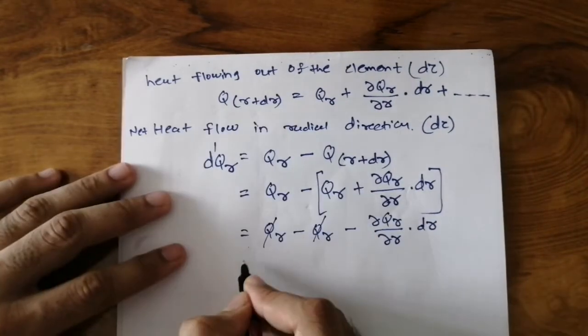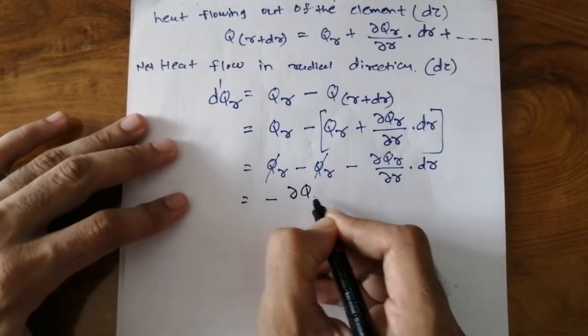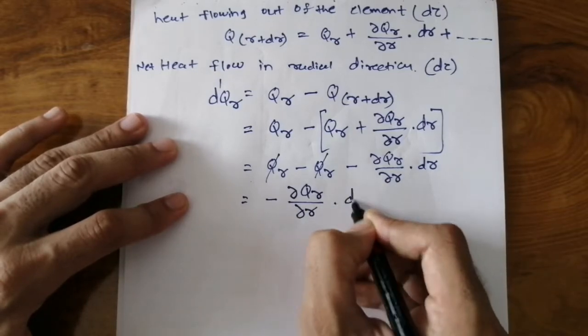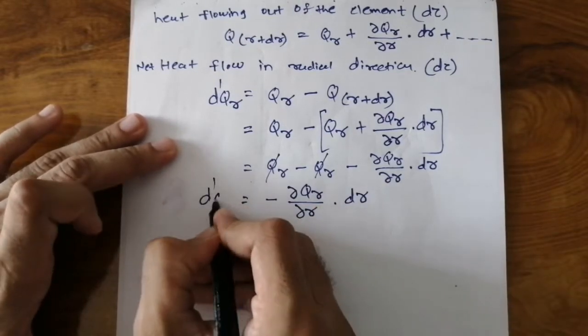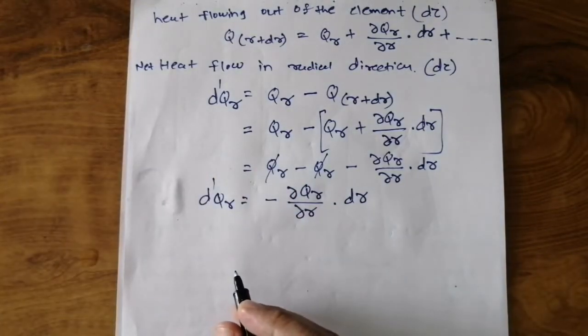The remaining will be minus del qr divided by del r into dr. So that is your net heat flow in radial direction.